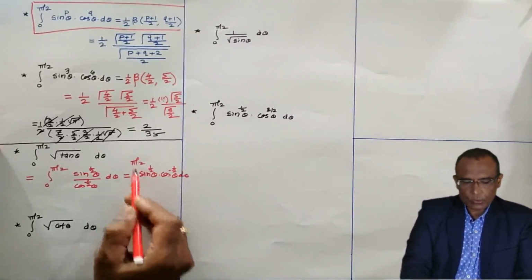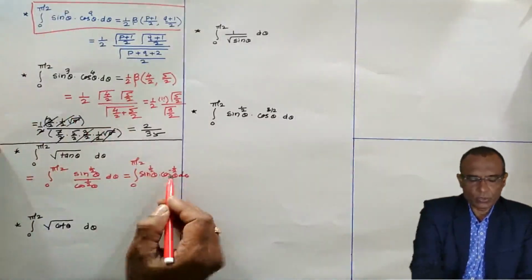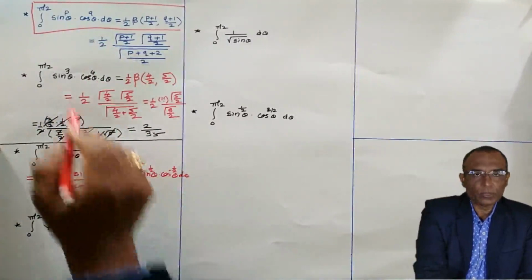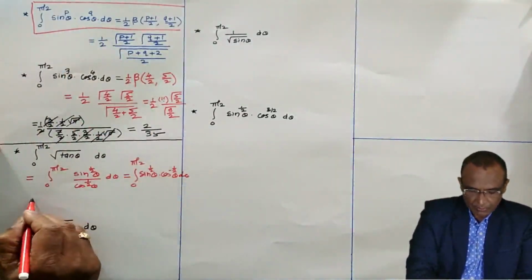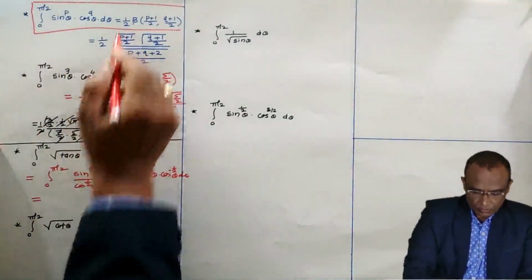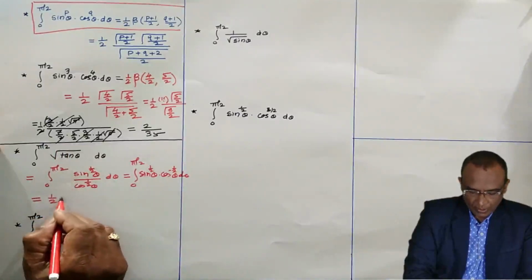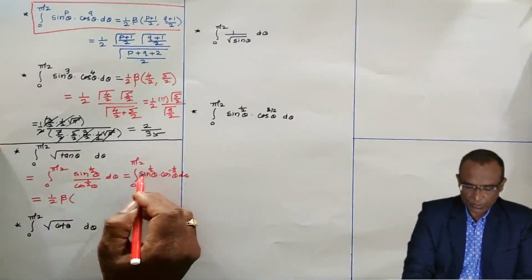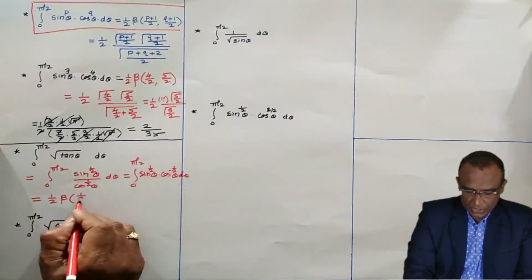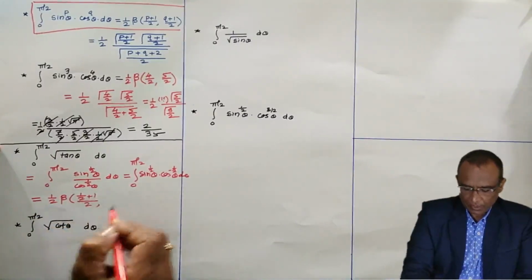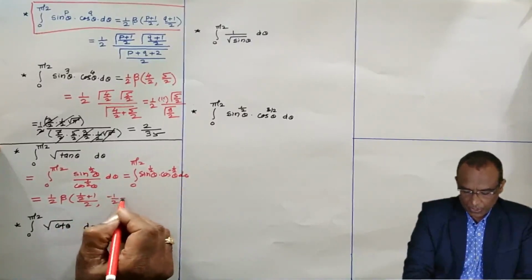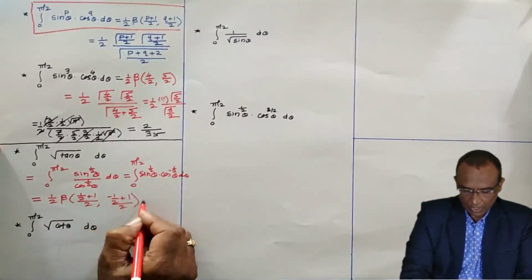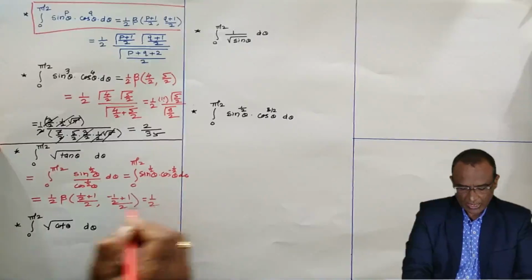Now 0 to pi by 2, sin raised to p, cos raised to q. Here p is 1 by 2 and q is minus 1 by 2. I am writing directly 1 by 2 beta, p plus 1 by 2 means 1 by 2 plus 1 by 2, and here minus 1 by 2 plus 1 by 2, divided by 2 as it is.